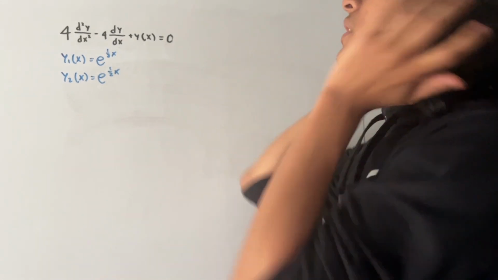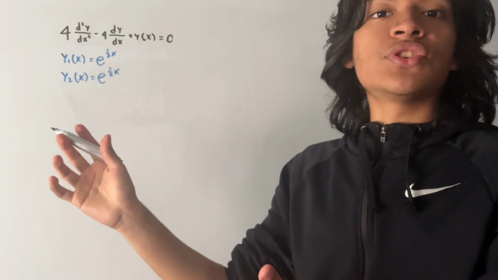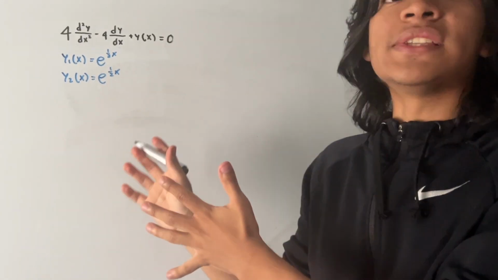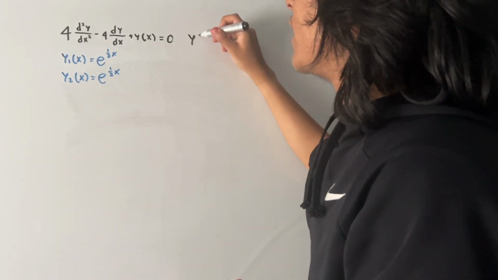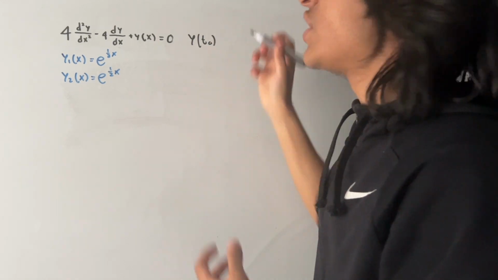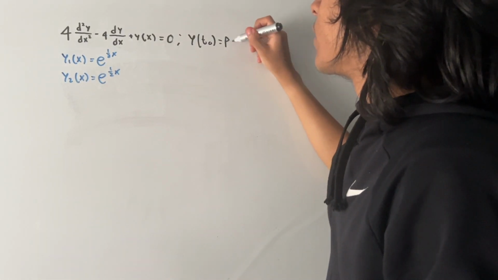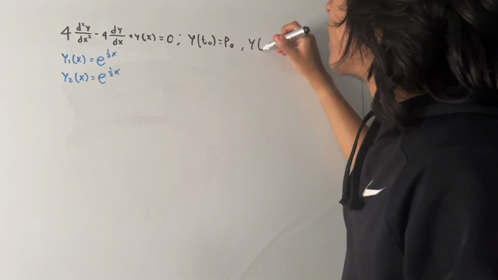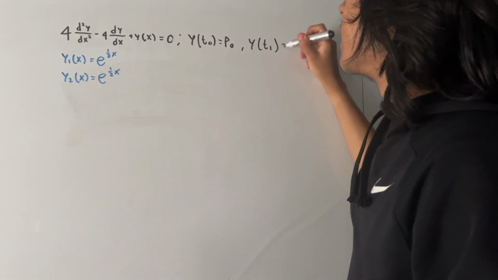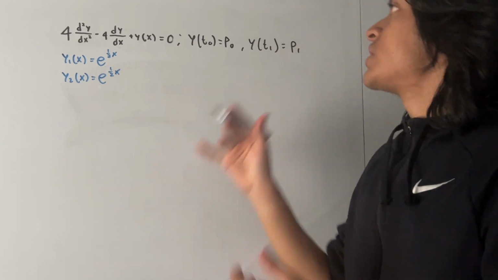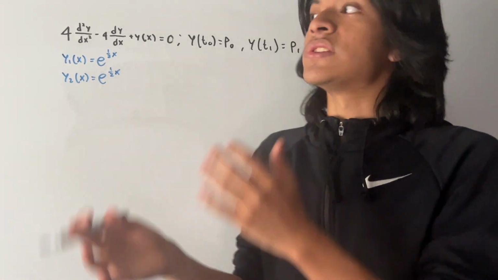Let's say instead of this differential equation by itself, we had initial point values, y of t0 equal to P0, and y of t1 equal to P1. So now we have these initial conditions.